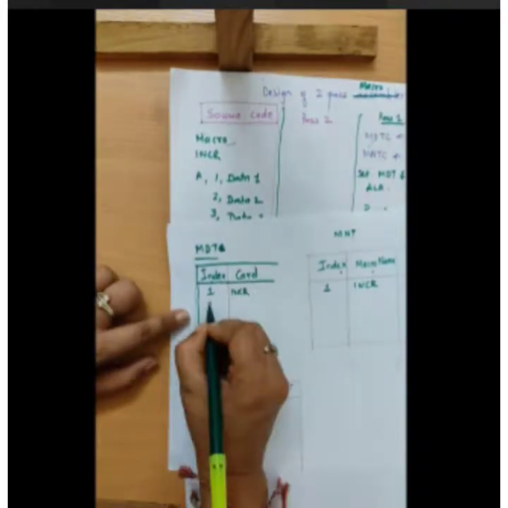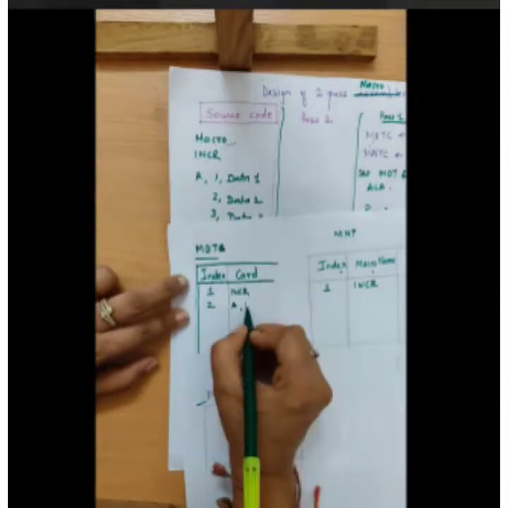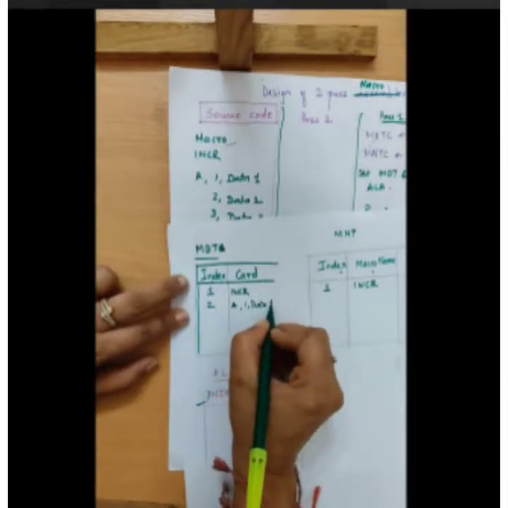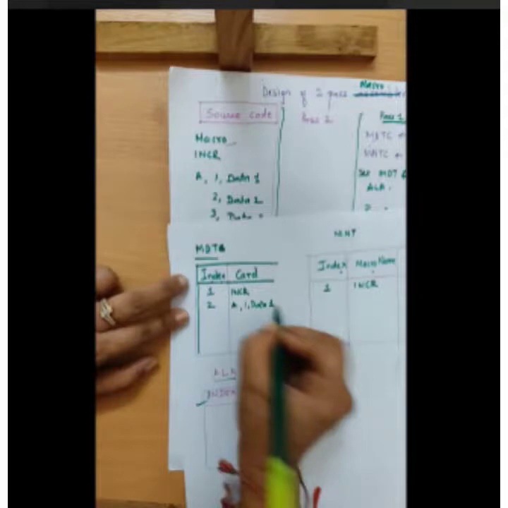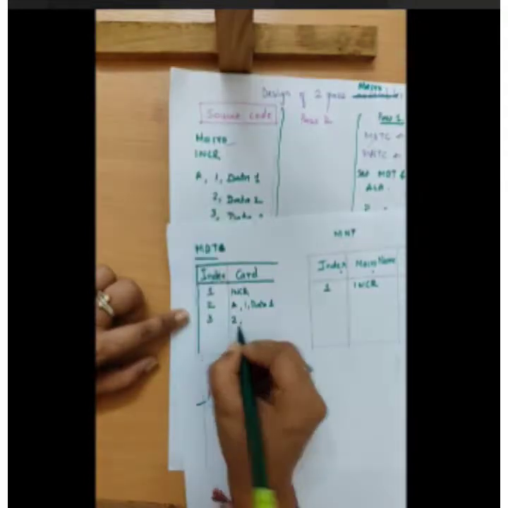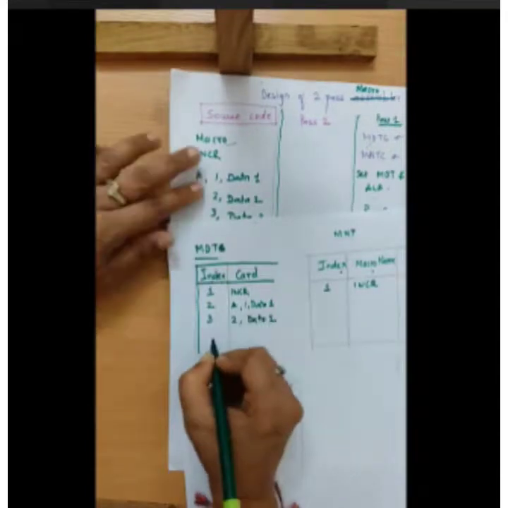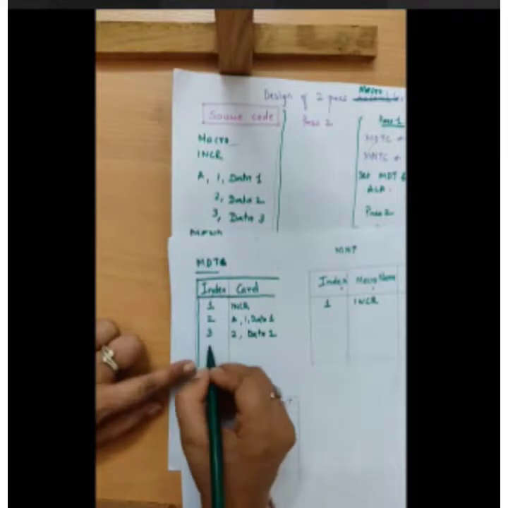Then 2, the next line is A1 data 1, right? Then the next index is number 3. The next line from the macro is A2 data 2. What is the next line? Index is 4.